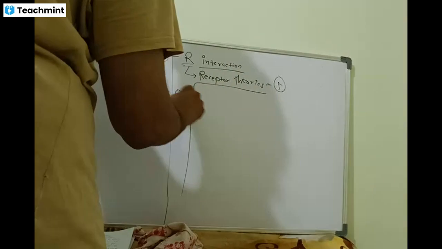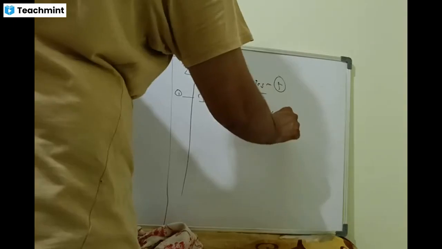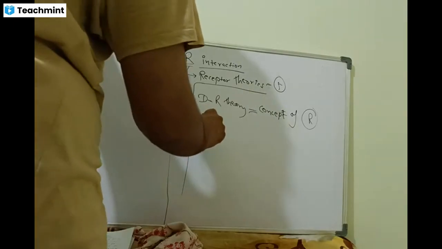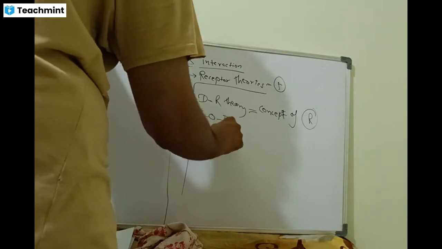Number one, receptor theory. From this theory, the concept of receptor evolved. Then number two, receptor occupancy theory.